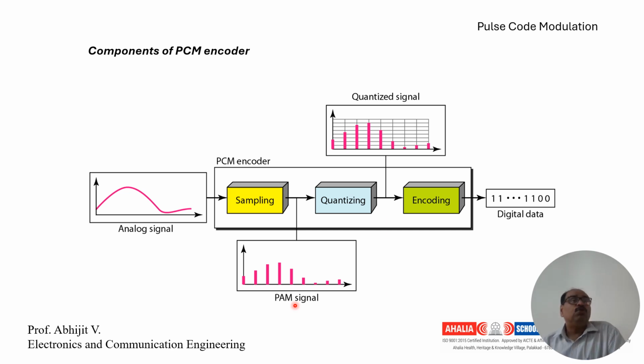It is two dimensional: one dimension will be the x axis and the other will be the amplitude. This will be the output PAM signal consisting of digital data which has only zeros and ones.